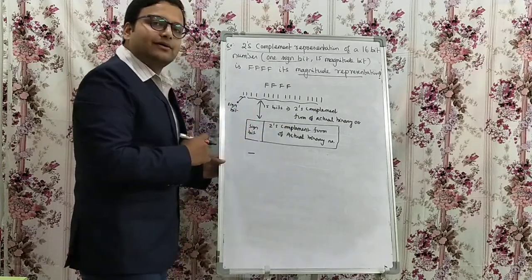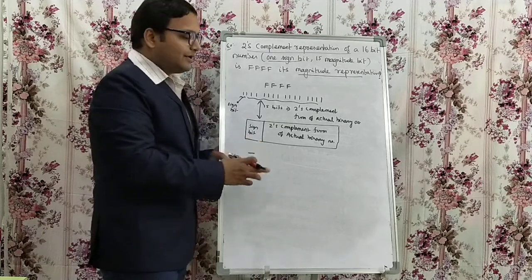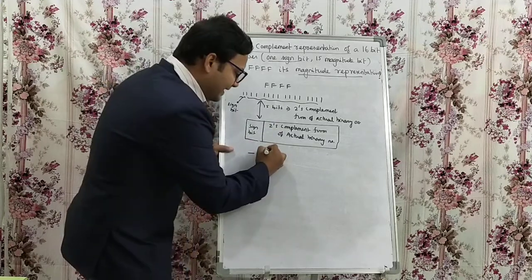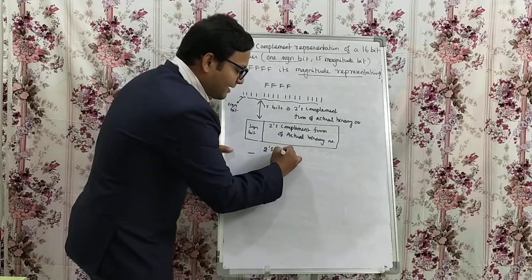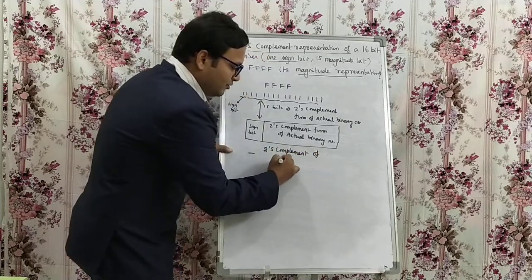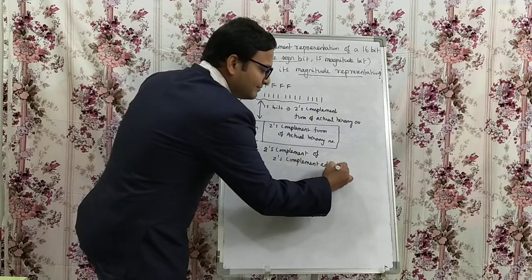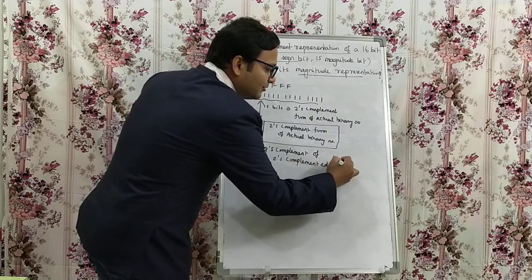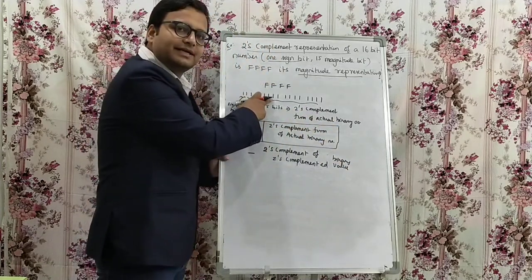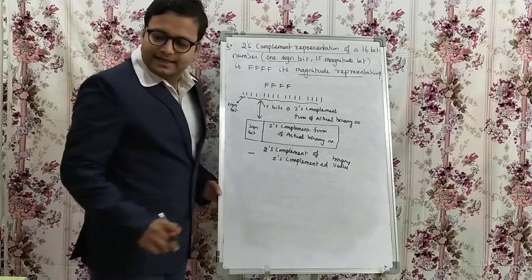In order to find the actual binary which is in the 2s complement form, what do you have to do? You have to take the 2s complement of the 2s complemented binary value. If you do the 2s complement of it, then that is your actual binary value. So see here what I can do now.